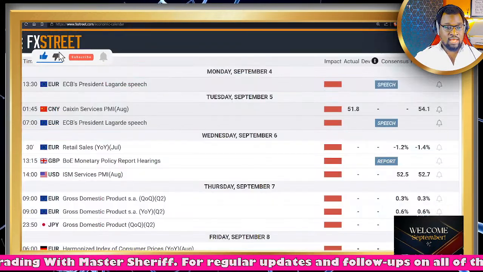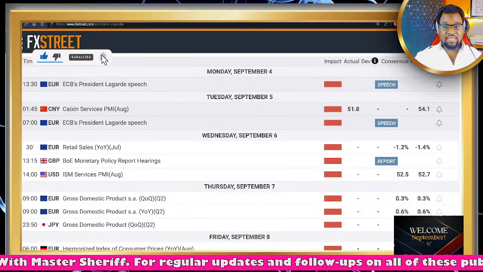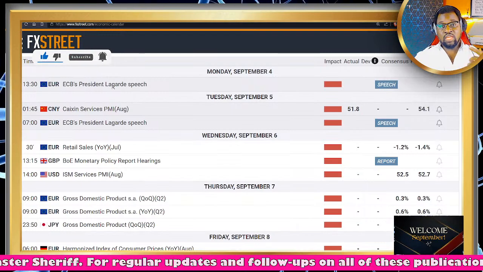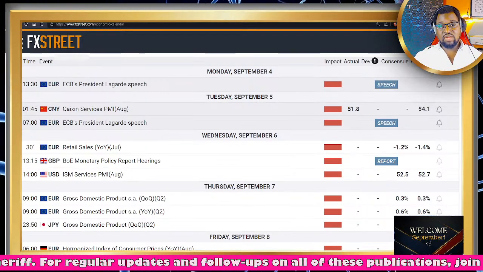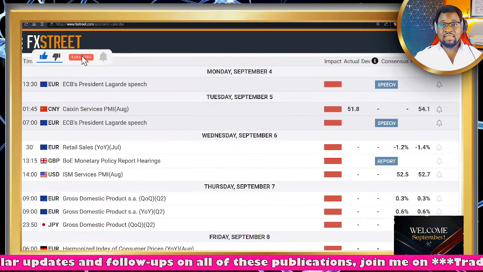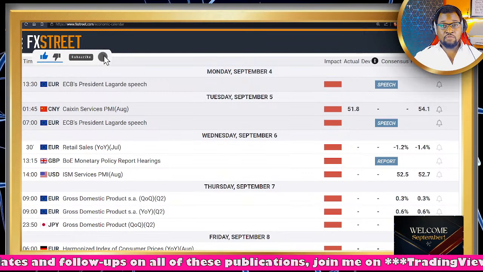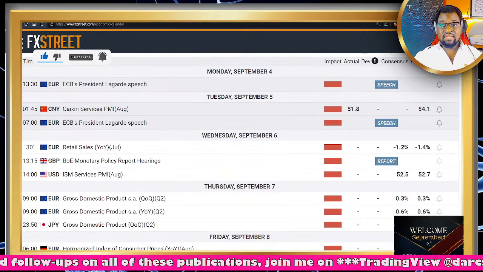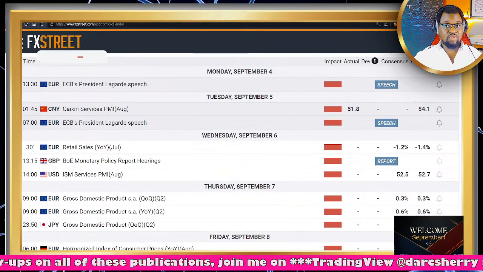As usual, you know how we do it in this community. The first thing we want to do is keep tabs on the fundamental factors in the market. And of course, you all know by now that these fundamental factors often manifest on the chart in technical patterns and price movement.